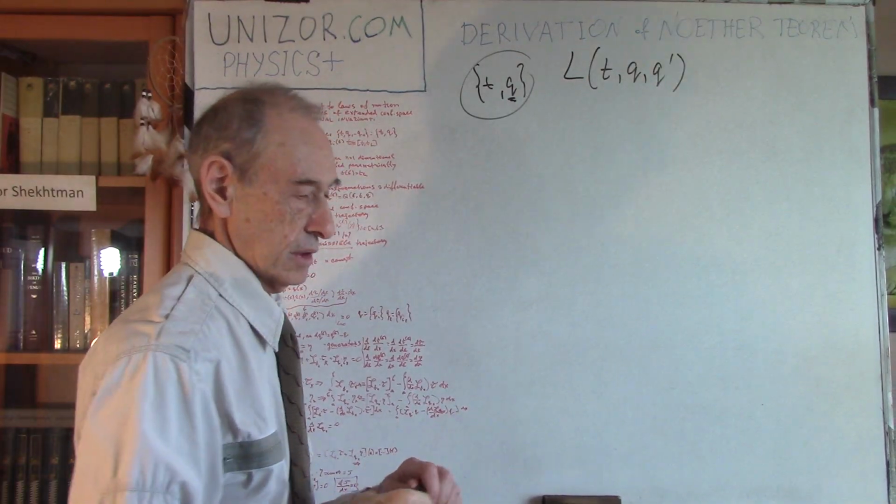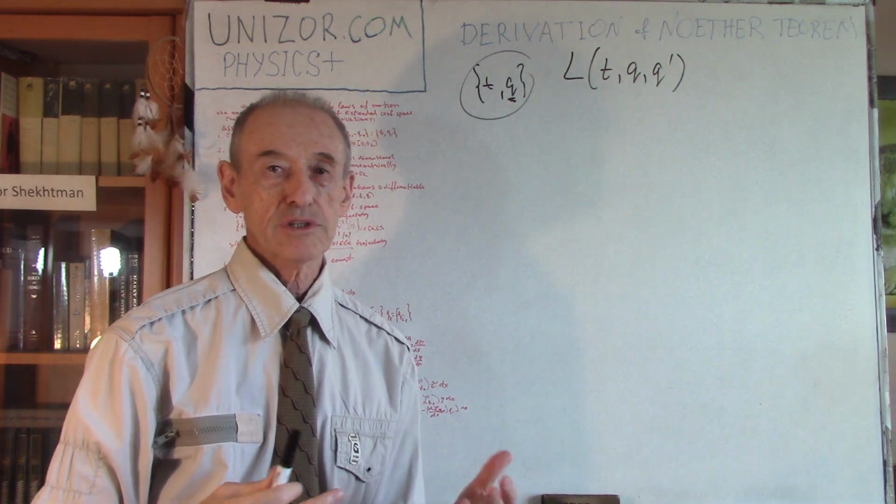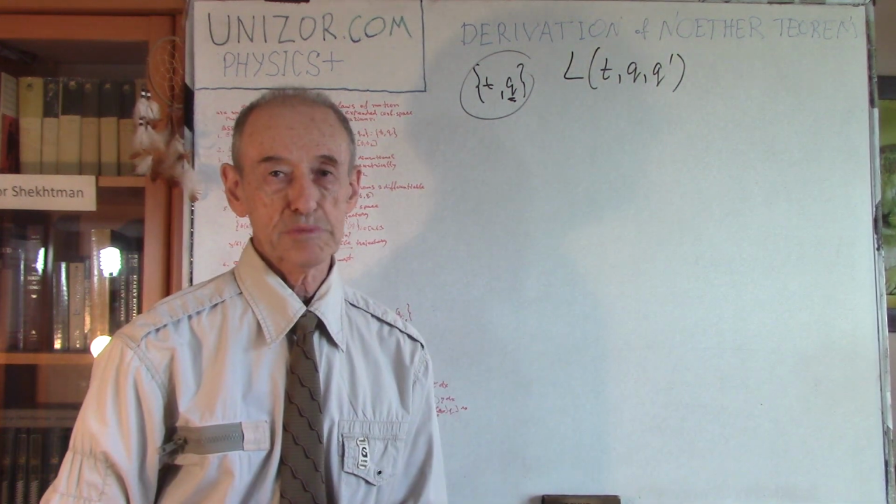Now, how is the curve represented mathematically in multidimensional space?